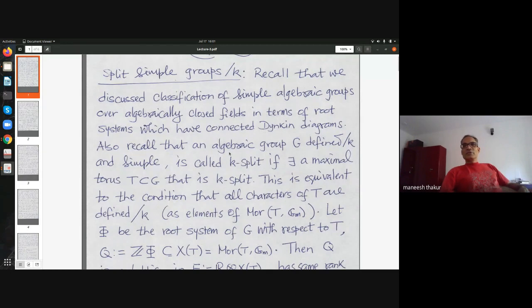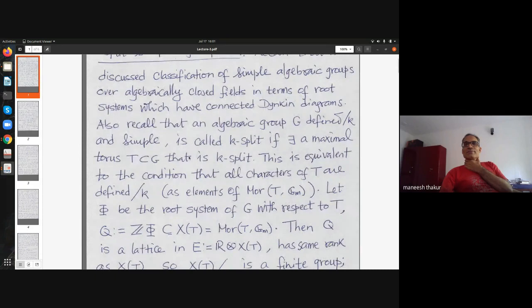So in other words, all the characters of the torus are defined over K. So then we call the group K-split. So the way to write down such groups, of course, people must have done some Chevalley group theory. I'm not going to do all that here. Just to quickly go through this.